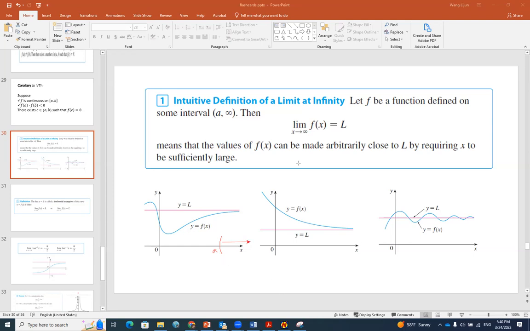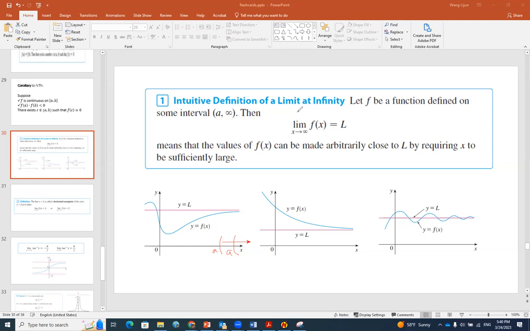If you have one, you have as many as possible, because this interval works, a to infinity, and this one can be a to infinity as well. So as long as you can identify one of them, usually reasonably large, that's what it means.